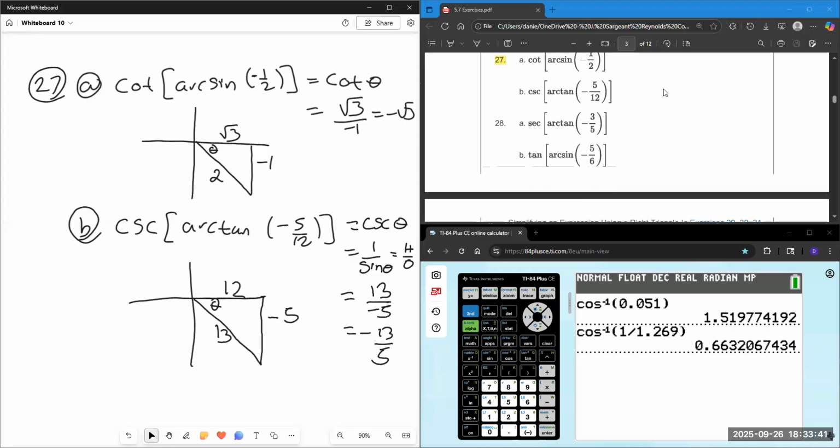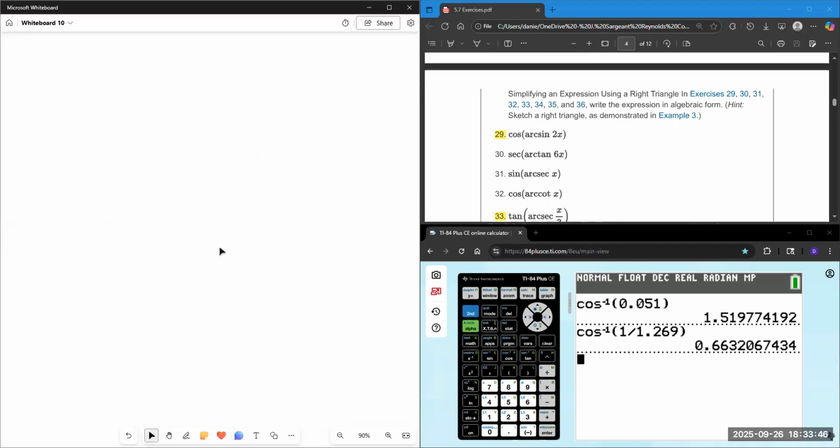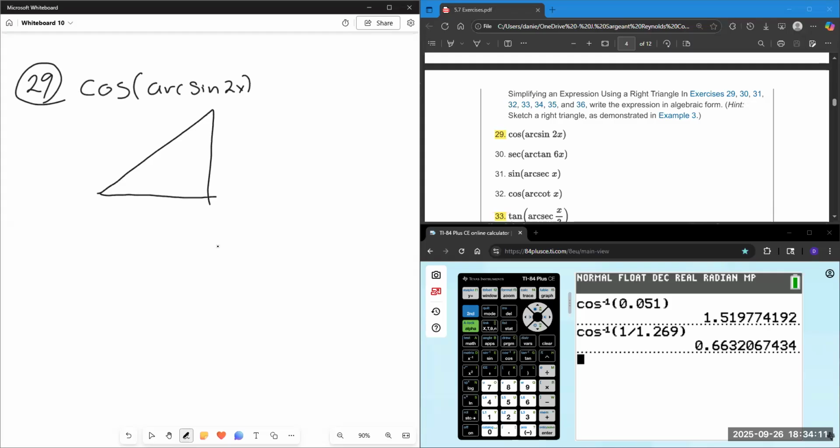Number 29. Going to use these triangles to simplify expressions down into algebraic expressions. So cosine of the arc sine of 2x. So assuming that the triangle is in quadrant 1, always, we're going to say sine is 2x over 1.